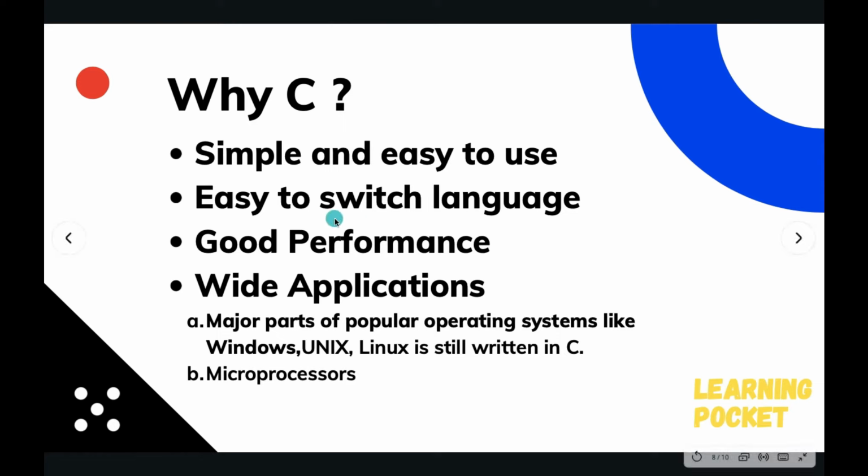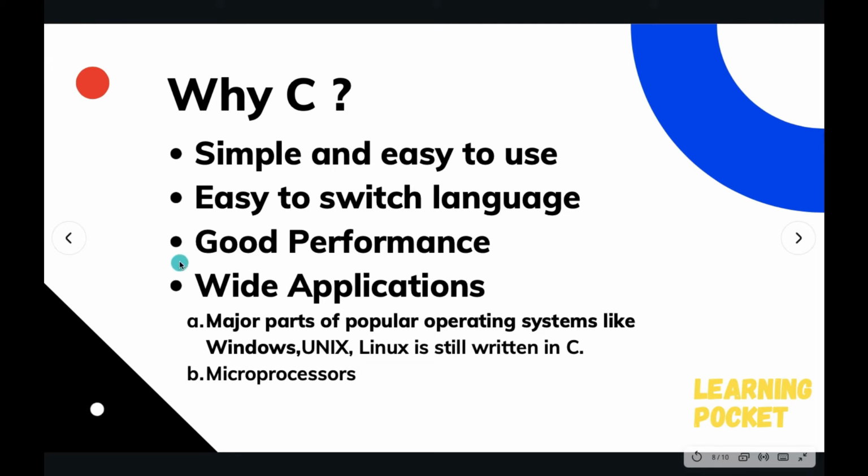You will take hardly a week or so to understand that language. It is easy to jump to another language if you know the basics of C, because all programming languages have this common base, and all the concepts that are available in C are the same in other languages.